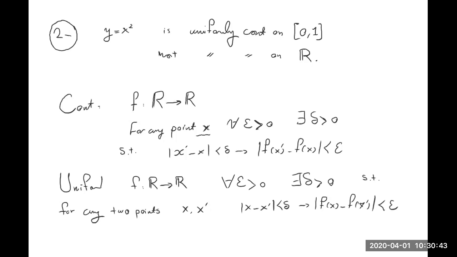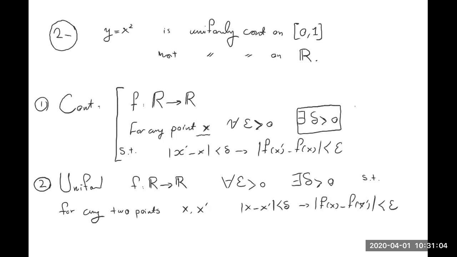Now, these two definitions look pretty similar, but they are really different. The difference is that in the first definition, we say for any x and for any epsilon, there exists a delta. This delta depends on two things.